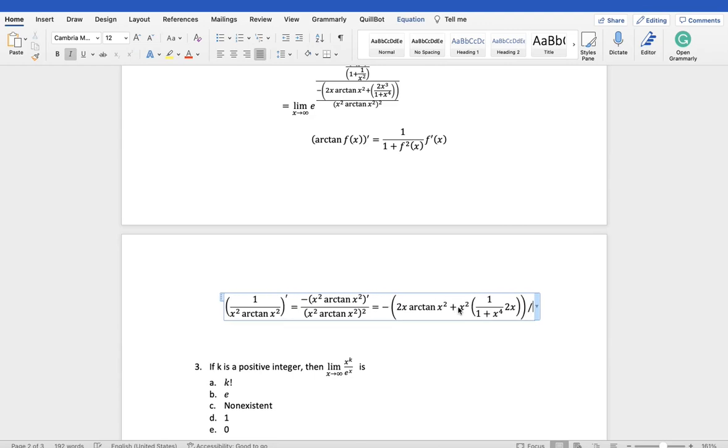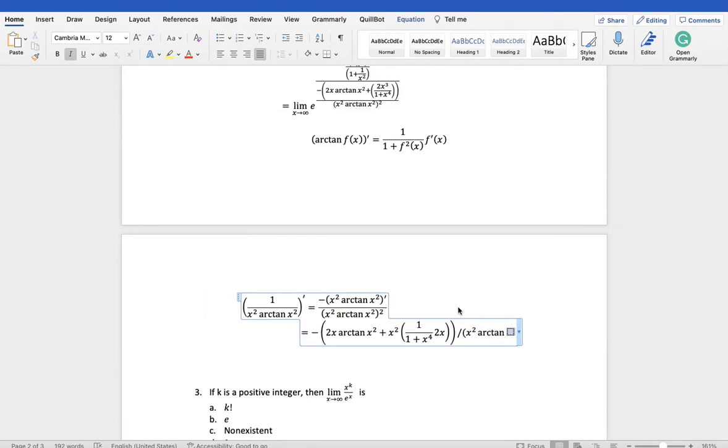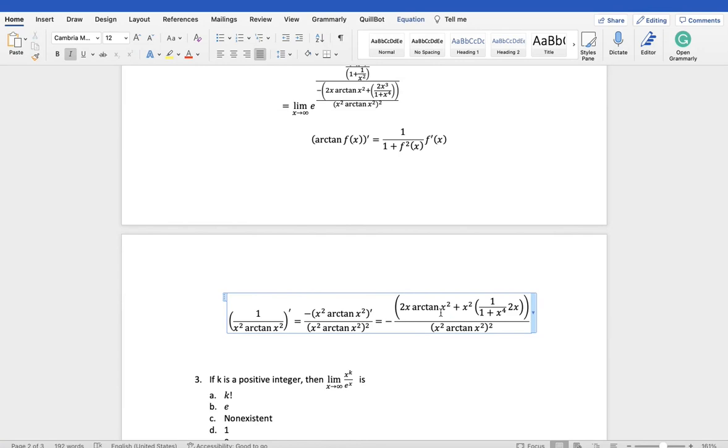So that is what the numerator is equal to, and then the denominator just stays as x squared times arctan of x squared, all squared, right? So now when you multiply in the numerator, what you get is the negative is still there, but now you get 2x arctan of x squared, right?